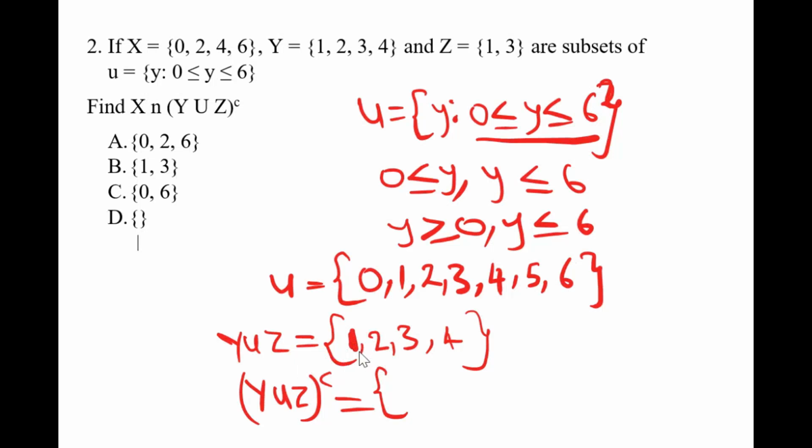Let's cancel the elements of Y union Z in the universal set. 1, cancel this; 2 appeared, 3 appeared as well, and 4 appeared. So (Y union Z) complement will be 0, 5, and 6.